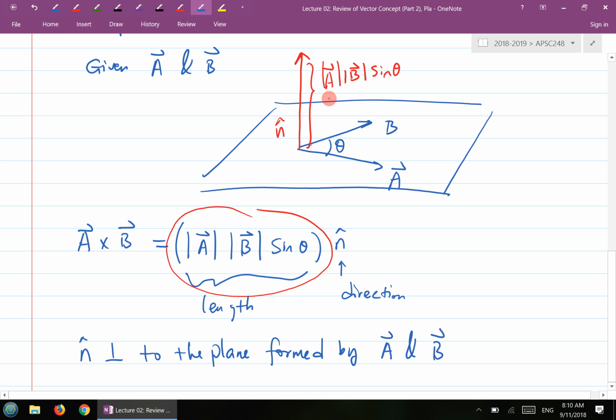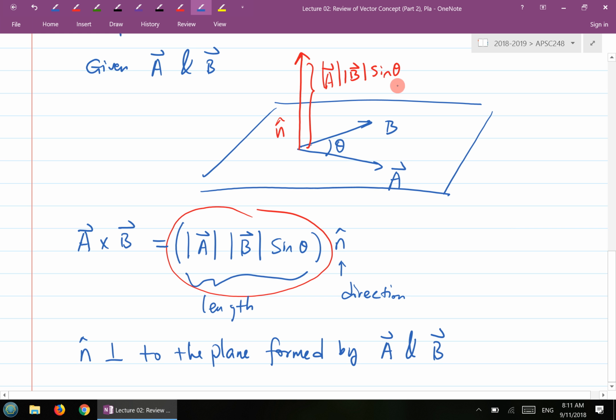The other thing you can also imagine here: if this is the length of the cross product, and I have A and B with the lengths of A and B fixed, if I change the angle between A and B, can you imagine what happens to the length of the cross product? What happens when theta equals 0? What's the length here? 0, right? Because sine theta is 0.